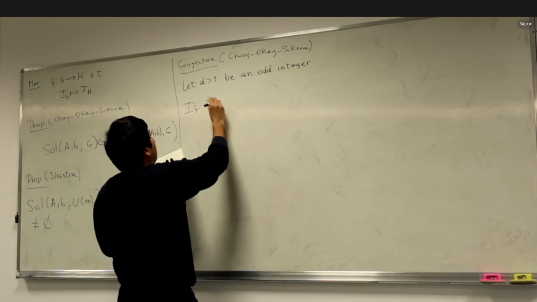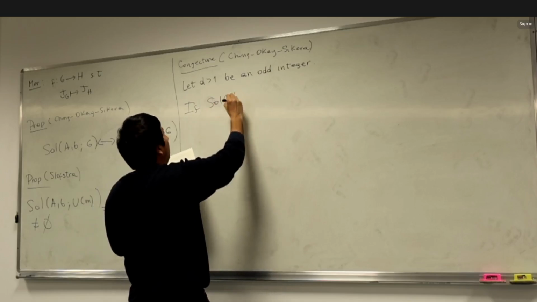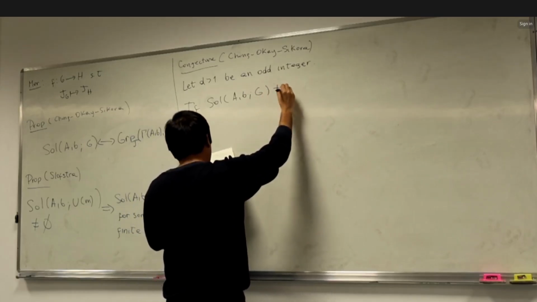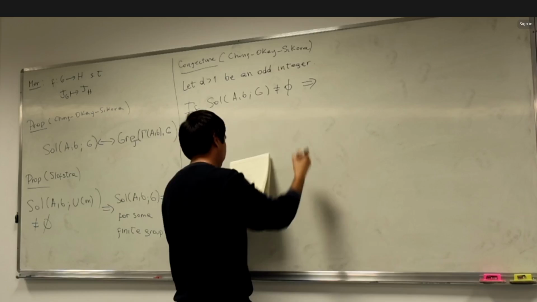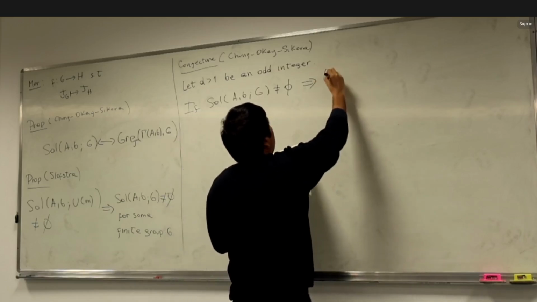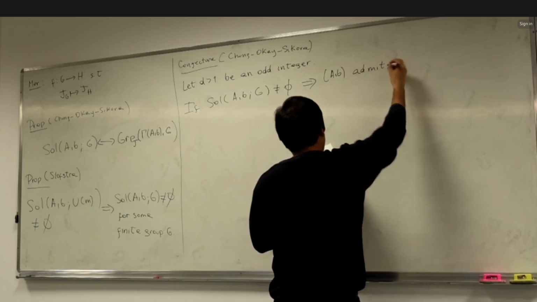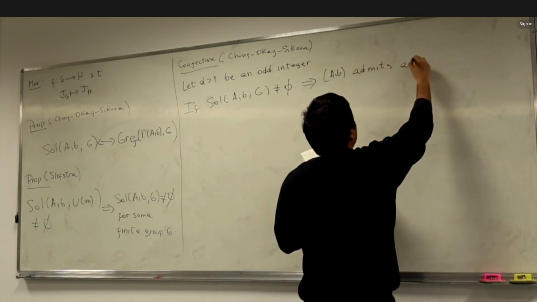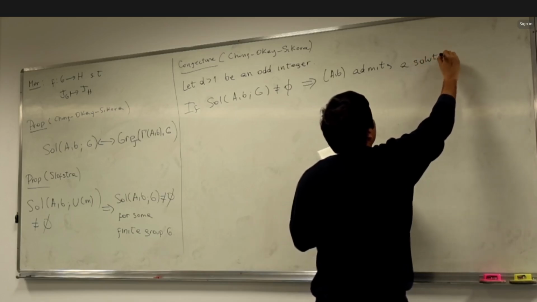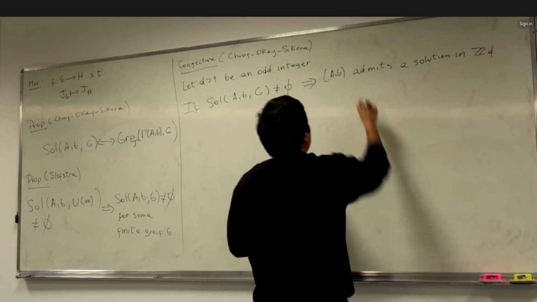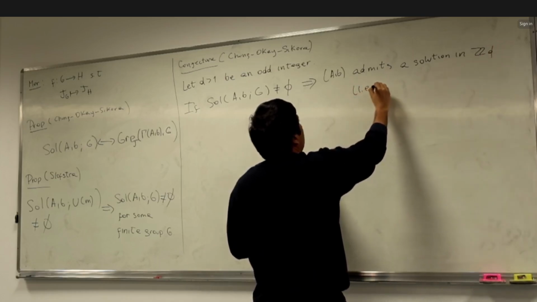If the set of solutions in G of this linear game is non-empty, the linear game AB admits a solution in Z mod d, i.e. a classical solution.